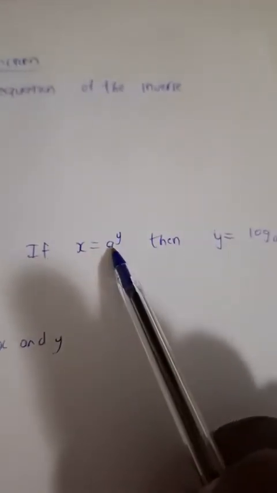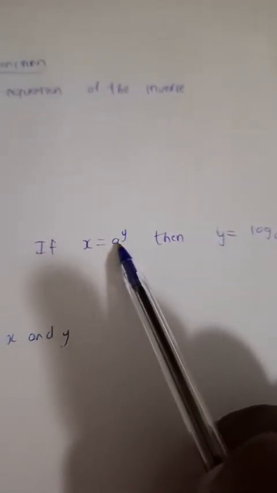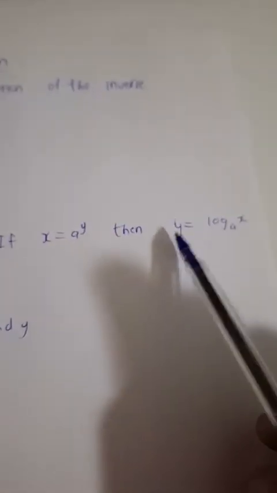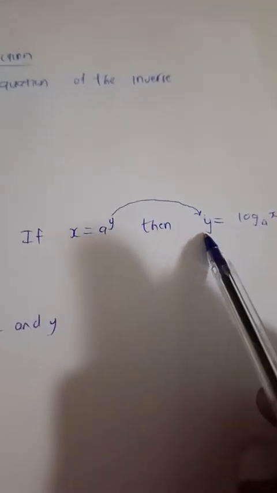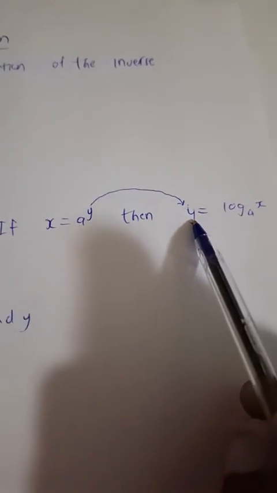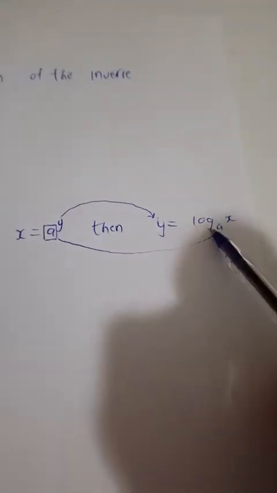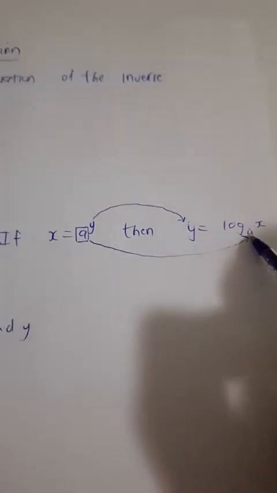So if x is equal to a to the power y, then you can say y. Where does this y come from? It is the exponent, which becomes the subject of the equation. A here is what we refer to as a base, and this base will then feature in the log as a base as well.